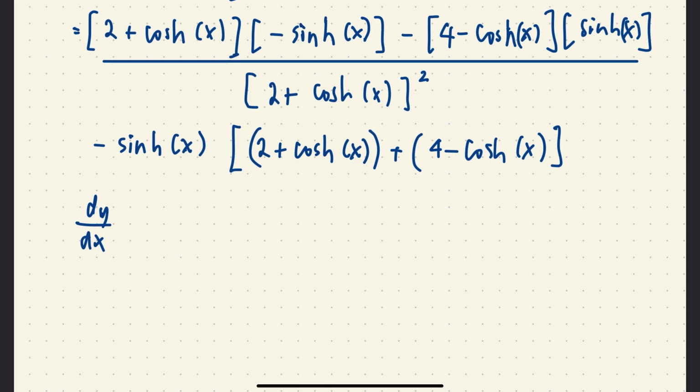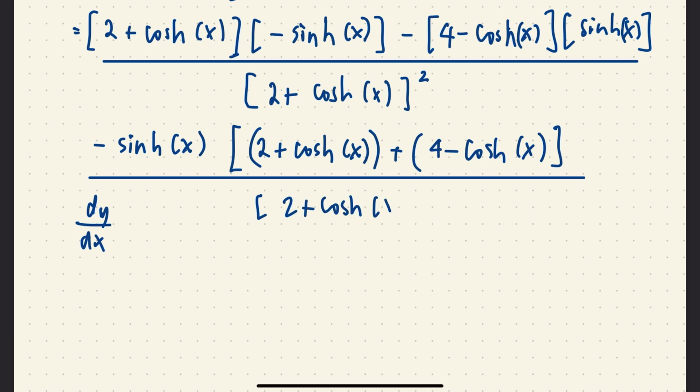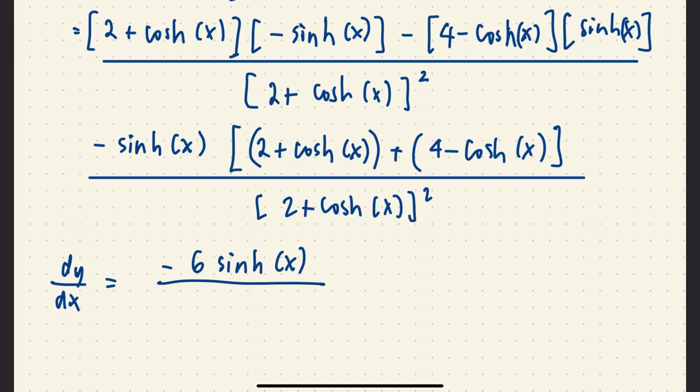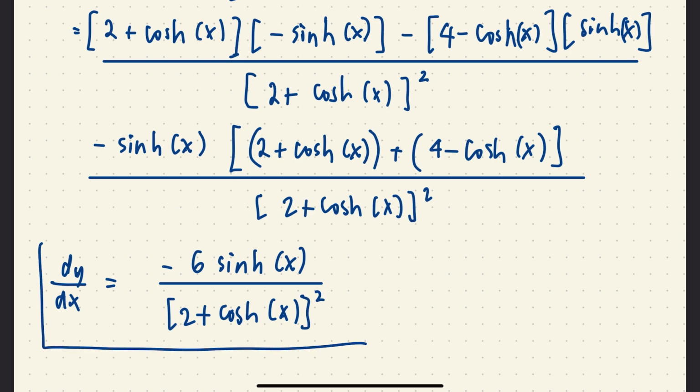This is your numerator, by the way. We forgot to write the denominator. So your derivative now will be, 2 plus 4 is 6, so it becomes negative 6 hyperbolic sine of x all over 2 plus the hyperbolic cosine of x quantity squared. This is now your final answer.